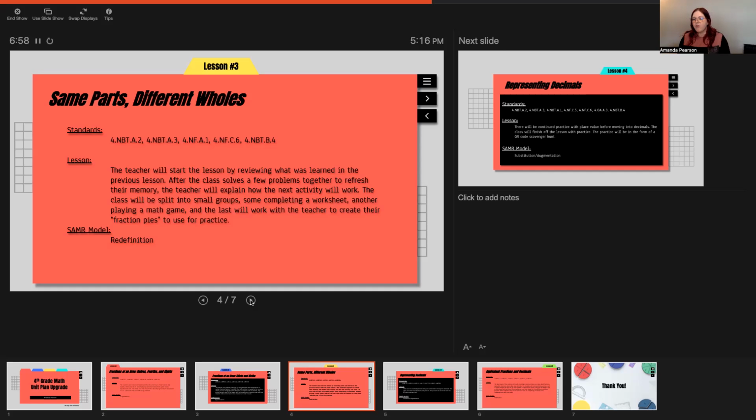pies. And so fraction pies was something I found online, where you can have a 3D printer in the classroom and create fraction pies. So that's just a whole, and the 3D printer would cut out the actual fractions in order to put them all together, creating the whole circle. And so this might be fun for students to create their own fractions as to create the whole piece.